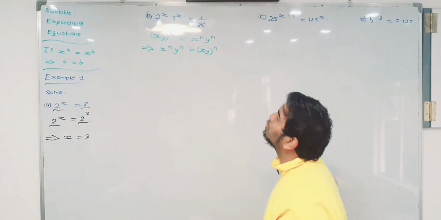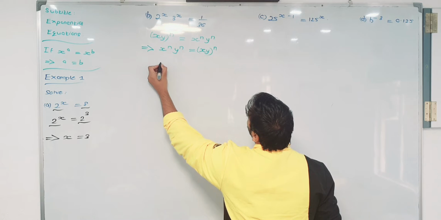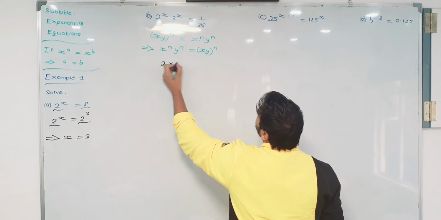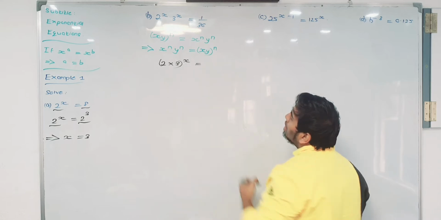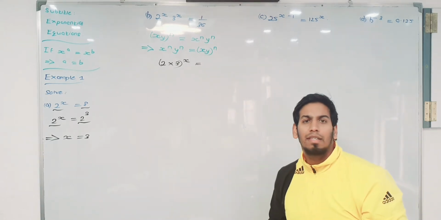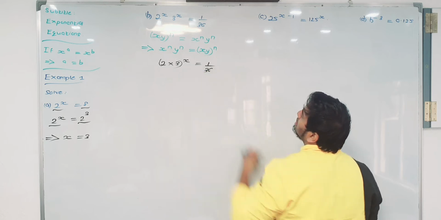Pareillement ici, pour 2 power x, 3 power x, je regroupe vos bases ensemble, alors c'est 2 multiplié par 3, then raise to the common power x. Et là, voilà, ici c'est 1 sur 36.